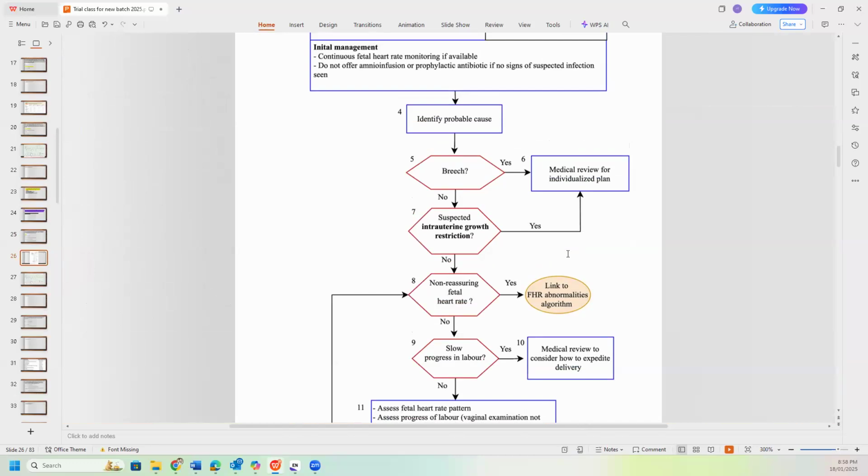You did a CTG, it was late decelerations. Late decelerations mean the baby is in hypoxic distress. They haven't given you any information about what part of labor that is. So what is your next best step? Next best step is that you get the baby out as early as possible. The only way for that is cesarean section. We do cesarean section, right?